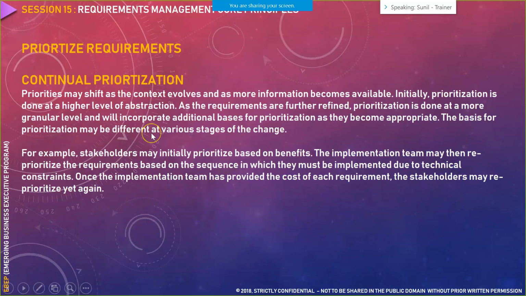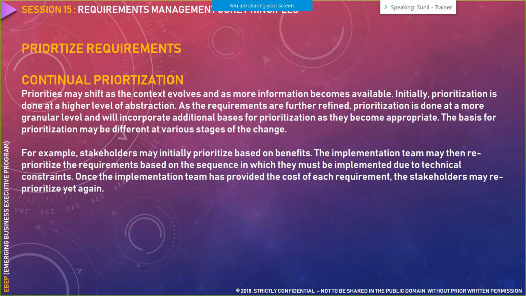Now, when it comes to prioritization, it's not a one-time process. It's a continual process. Throughout your project lifecycle, you have to keep on prioritizing your requirements. Essentially, in an agile project, as we saw, this prioritization is bound to happen every 3 or 4 weeks.